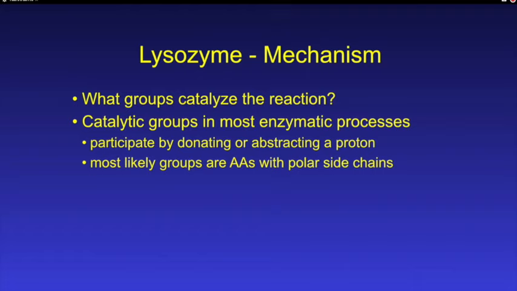Putting a polar residue on the inside of a protein is not thermodynamically stable, but we need hydrophobics in the center, and we need a few polars within the active site that can actually cause the reaction to occur. Remember, a lot of our enzymatic mechanisms involve deprotonation and protonation, and so we're likely to find polar side chains that can be protonated and deprotonated near the pH.